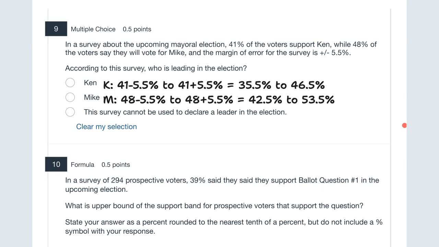When we look at the support bands, we see this upper bound for Ken is greater than the lower bound for Mike. So our support bands overlap.